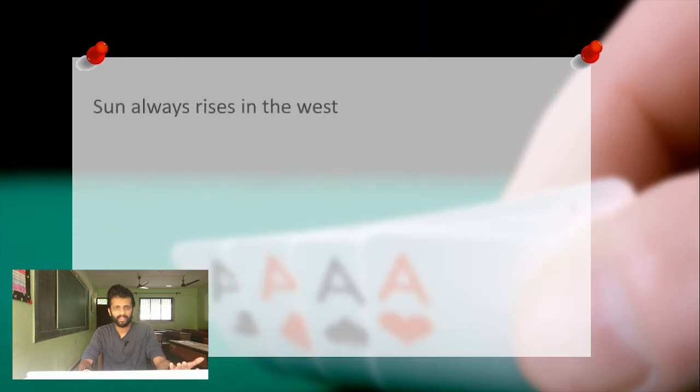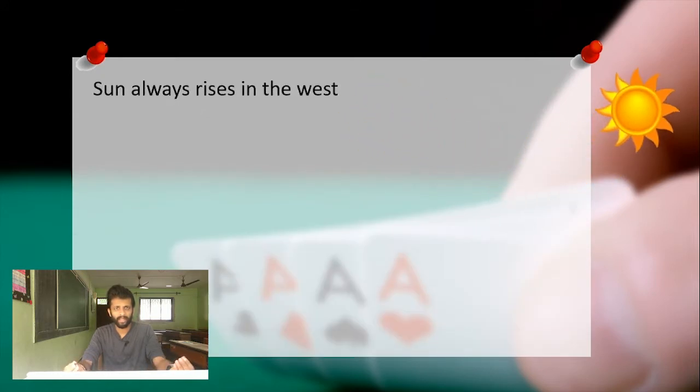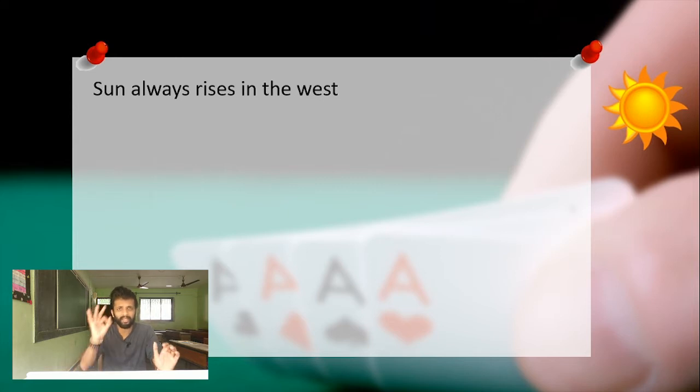Sun always rises in the west. This is a statement, right? Now, in this statement, there are 3 possibilities that can happen. Either this statement is completely true, or it is completely false, or in the middle.